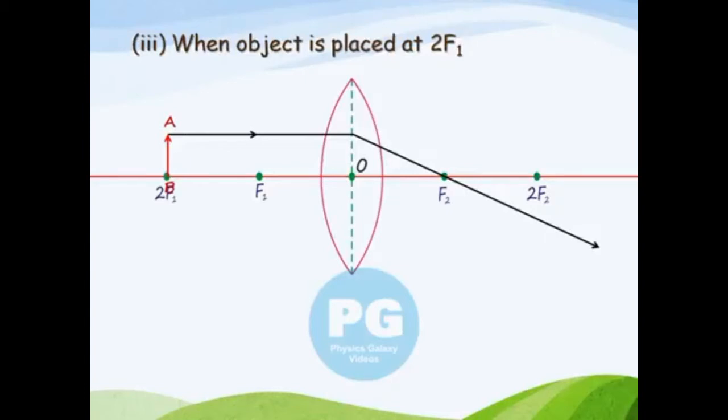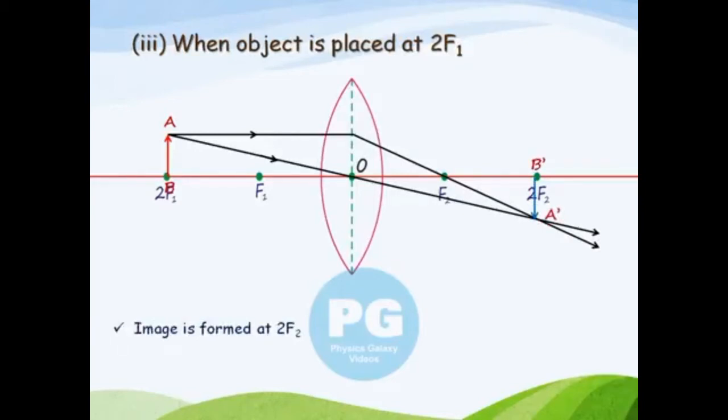So the second ray from point A, we take the ray that is passing through the optical center, it will go undeviated. Now, it meets at this point. We call this point the image of point A of extended object AB. So we draw image A'B'.